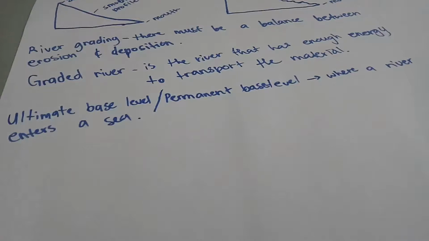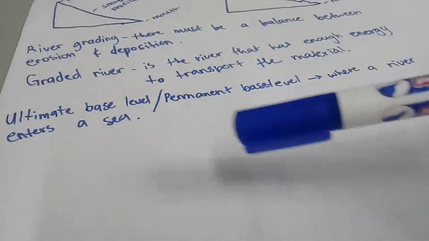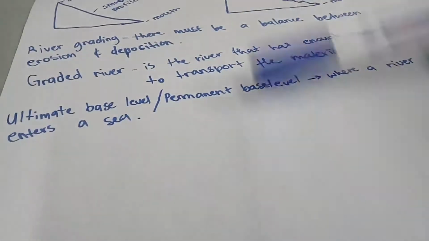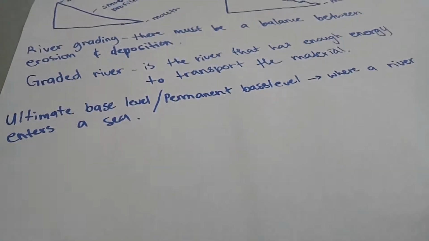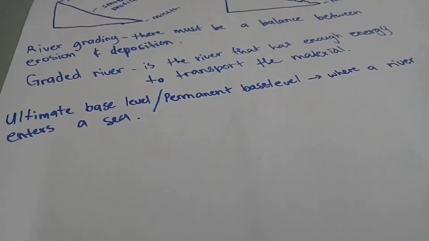I mean, the height above sea level is 0, meaning that it's very, very gentle. On the ocean or on the sea it's very, very gentle, meaning that it is going to be a permanent base level. It's natural, as I said, or you can also say it's an ultimate base level.